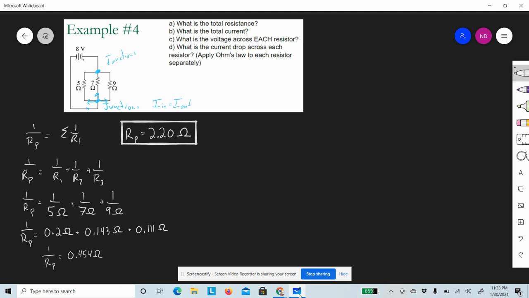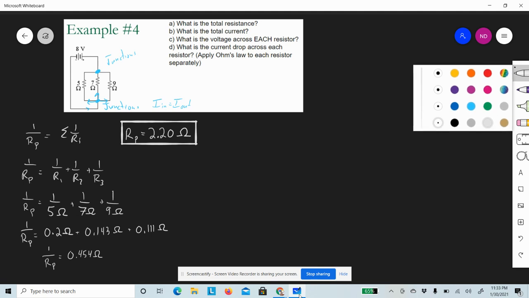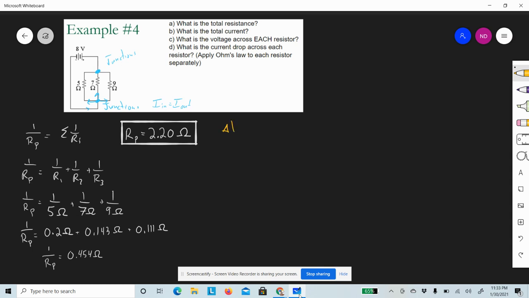Now, the next question, B, is what is the overall current? All right, simple. Now that you know the overall resistance, go to Ohm's law, V equals IR. It's an 8-volt battery. If this is the overall potential drop, they want to know the overall current.